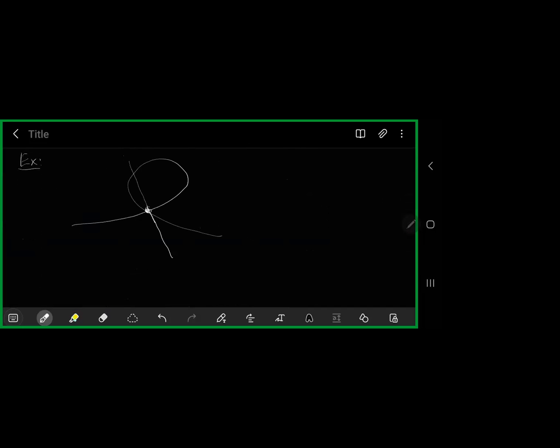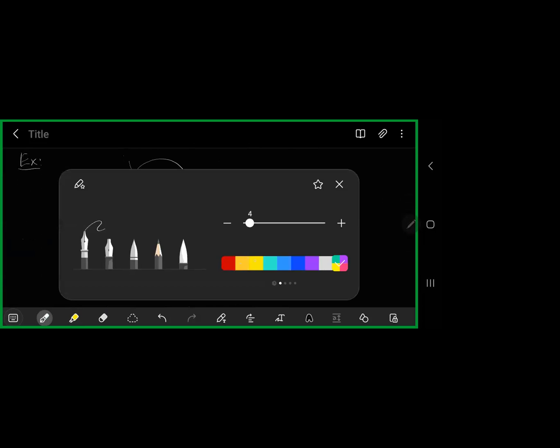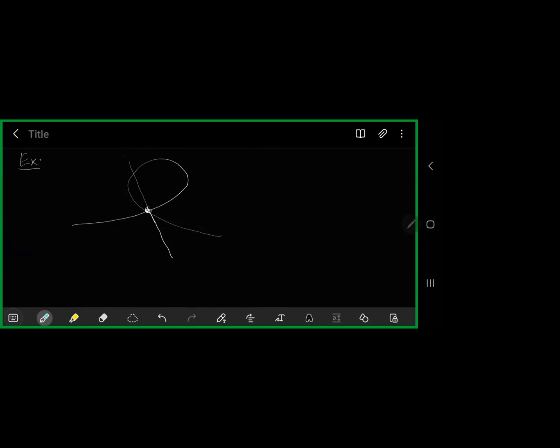So let me make it in color. I'll just draw.